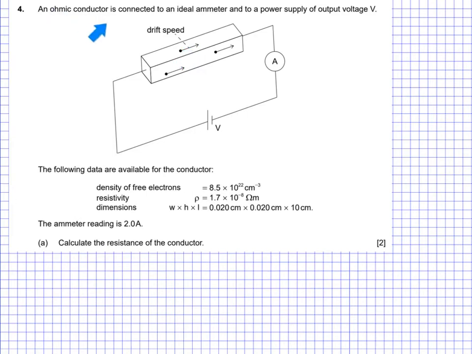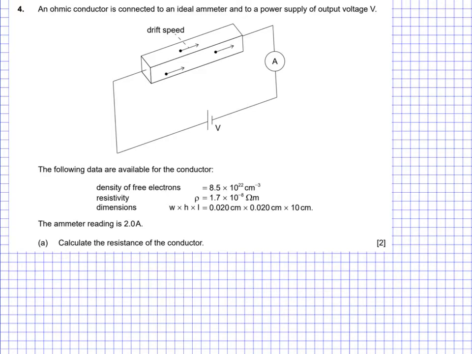So it's an ohmic conductor, in other words, it's going to behave as an ideal ohmic object, and it's connected again to an ideal ammeter, so no resistance in the ammeter, and there's our power supply. So this would be the direction of the electron flow, and that's represented by this drift speed within this shape, of which we know some dimensions.